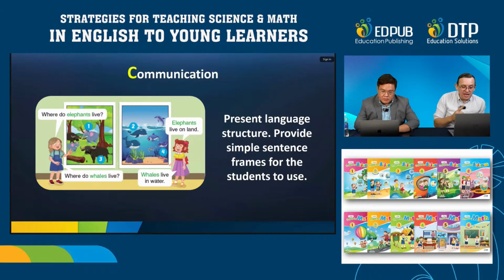In a previous lesson, students have learnt about land and water. So we're revisiting that concept and we're introducing these new vocab items into that. These simple structures are used all the way through our science and math books to provide students with a framework to use and to keep it simple for them.